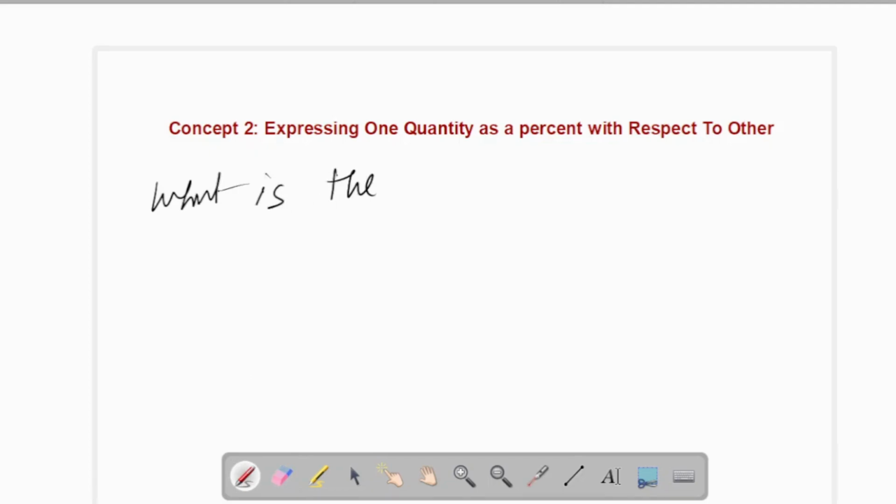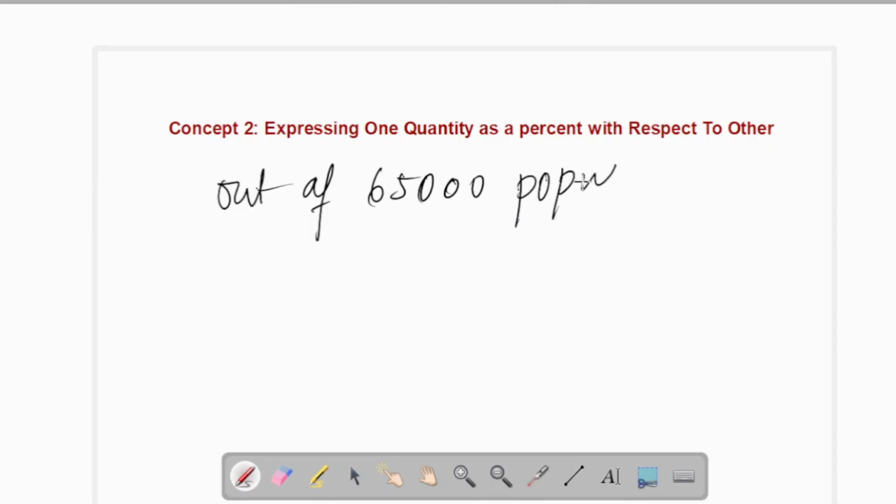Out of 65,000 population, men are 39,000.